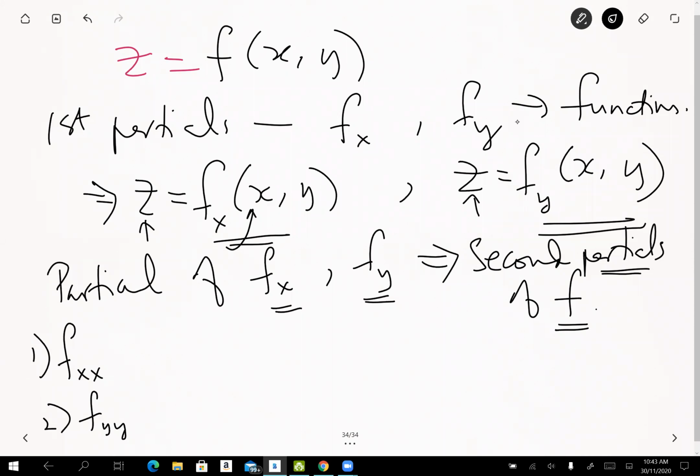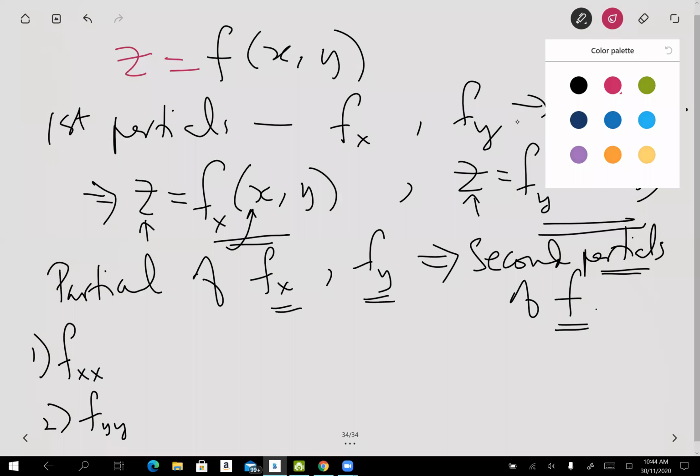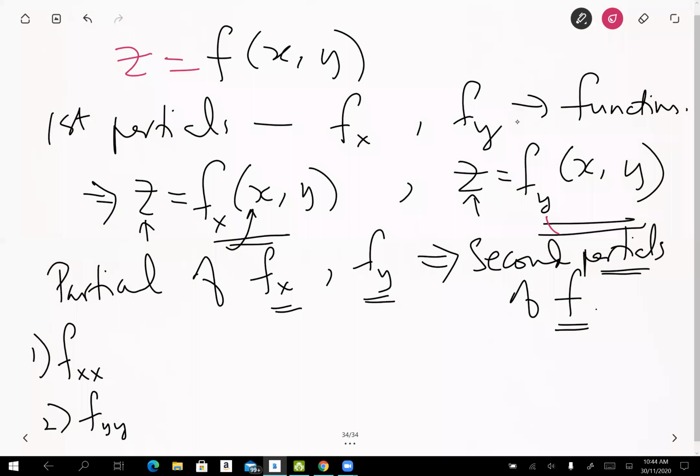So fxx is the derivative of the function fx with respect to x. And then you have fy. You take the derivative with respect to y, so you got fyy. Now fx is also a function of y, so we can take the derivative of fx with respect to y. So you write that fxy.